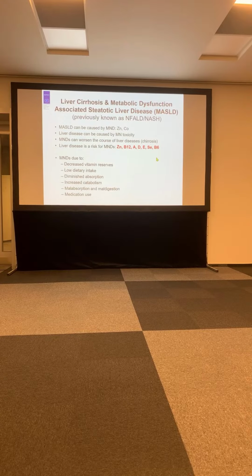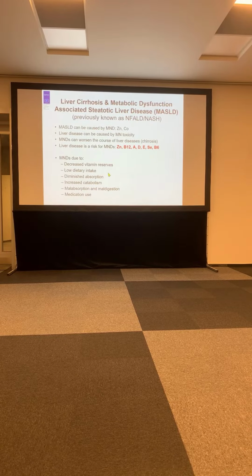Liver cirrhosis patients and metabolic dysfunction associated liver patients also have problems. Zinc is in the first line with B12, but also the liposoluble vitamins, selenium and B6. It's decreased reserves because the liver does not store the normal way it does. We don't have year-long stores for most micronutrients, but we have them for a few weeks.